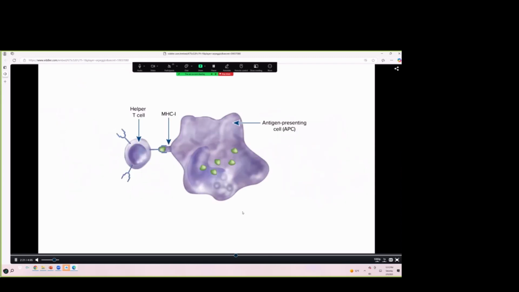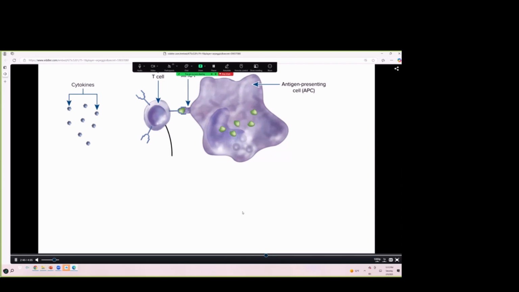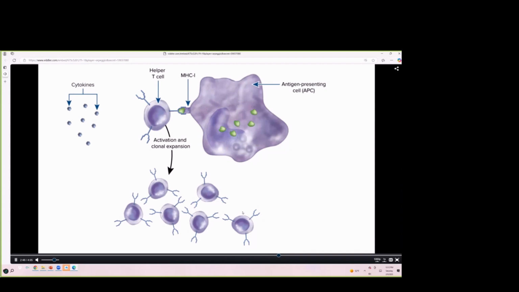The identification of an antigen-presenting cell by a helper T cell causes that helper T cell to become activated. The helper T cell releases chemical signals called cytokines, which cause the activation of B cells in the lymphatic tissues of the body. At the same time, the helper T cell undergoes clonal expansion. Clonal expansion basically means that the activated T cell divides continuously, producing exact replicates or clones of itself.